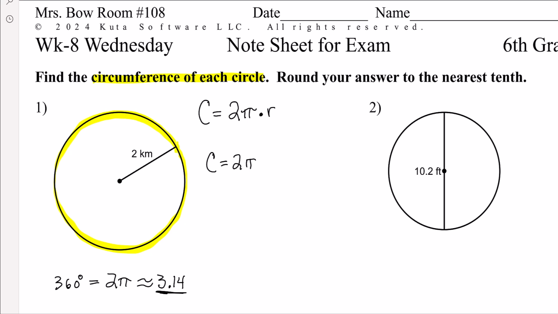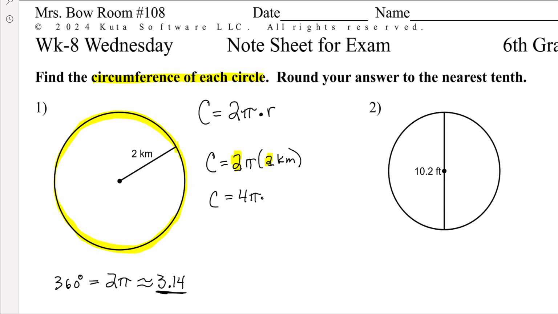Now the angle is 90 degrees and the radius is 2 kilometers, so you have to put the label in there. Now, a large part of it is pi, but what you do is you multiply the rational numbers. So 2 times 2 times 4 is the multiplication, and then times pi.